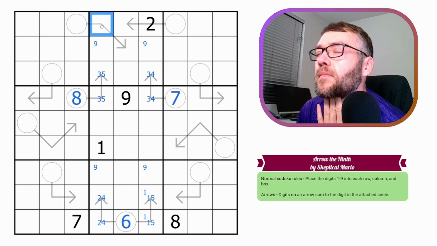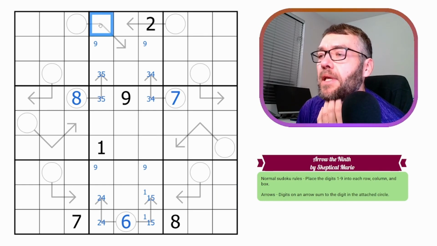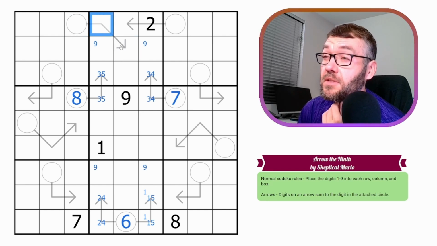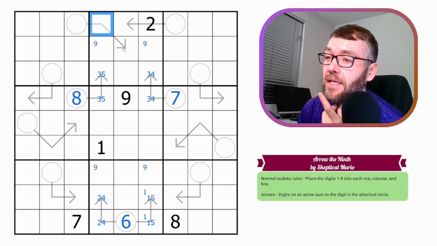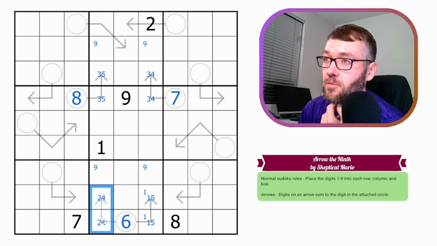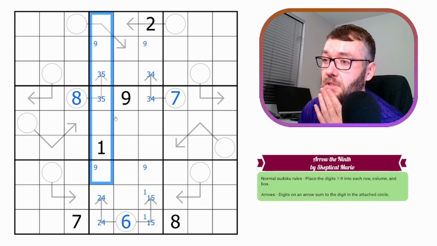Let's see. We can't put a 2 on this line, so this has to be at least 4, because this could be 1, 3. It can't be 5, though. That's interesting, because we can't put 1, 4 here, because 4 is already removed from the rest of this column.